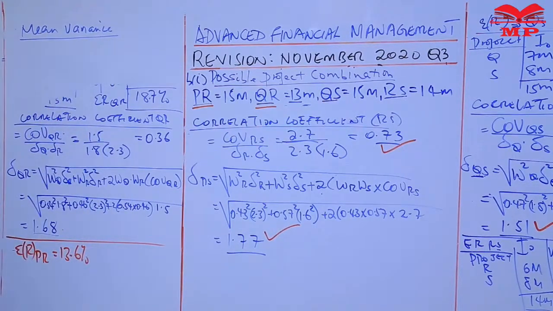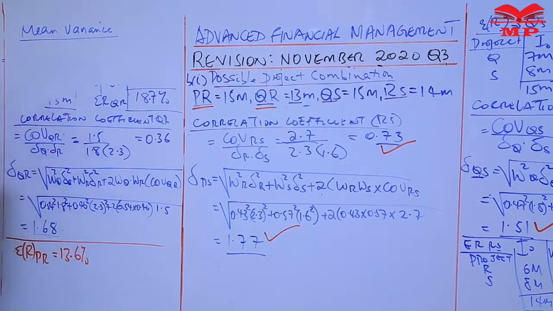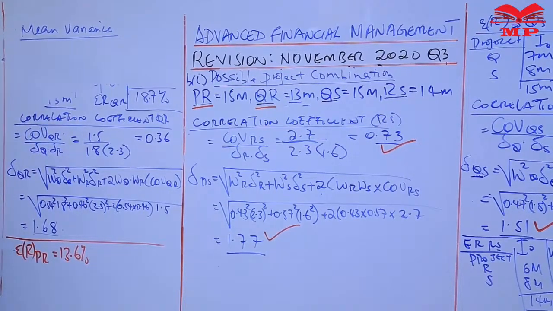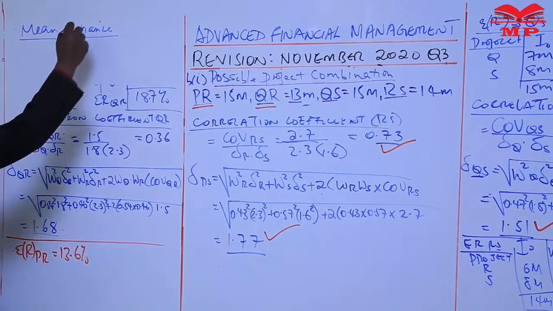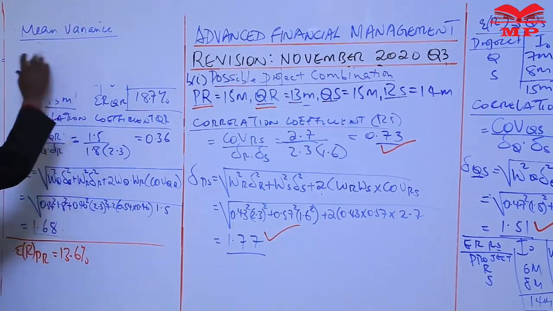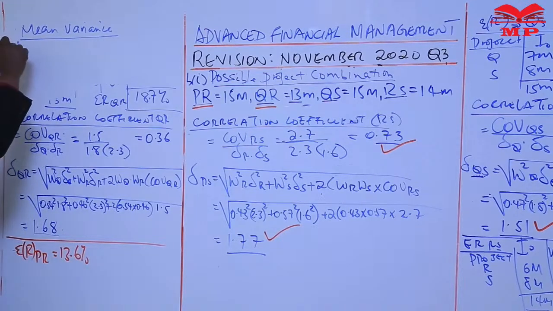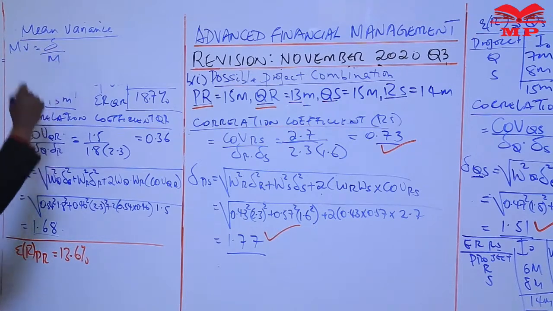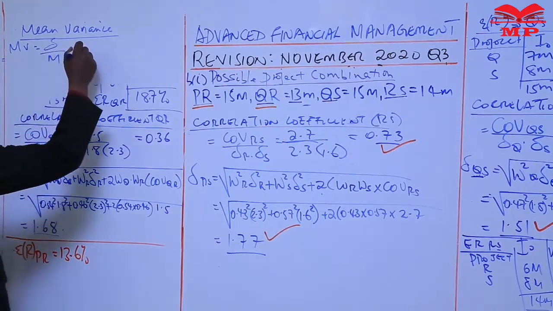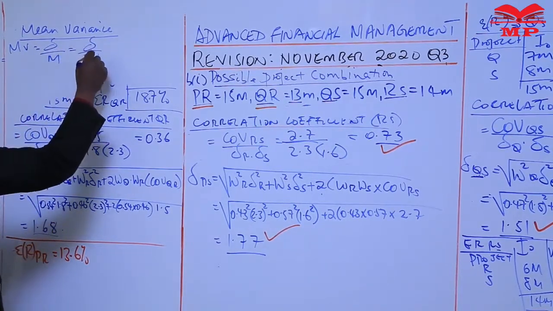Candidates, mean variance is equal to the standard deviation divided by the mean. In our case, the mean is the expected return.